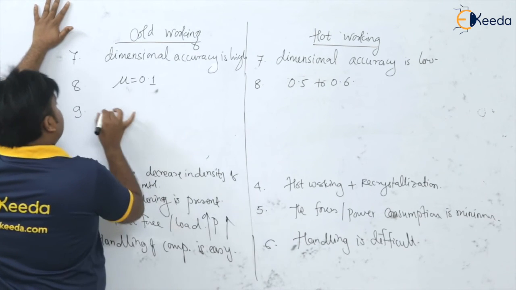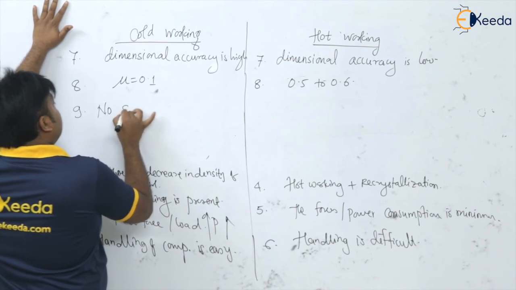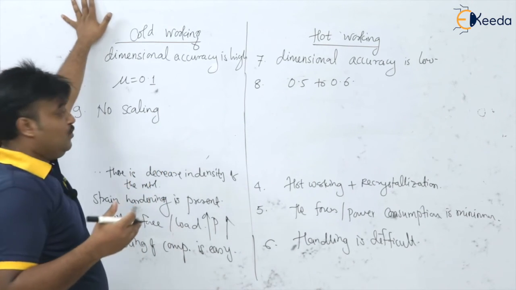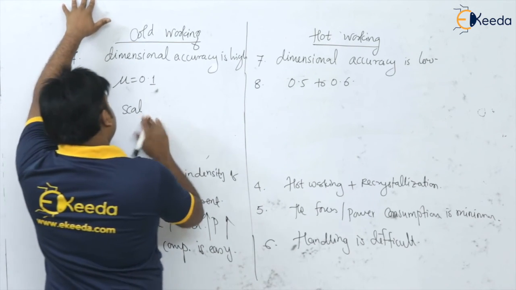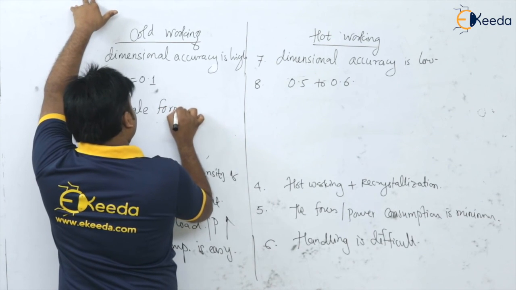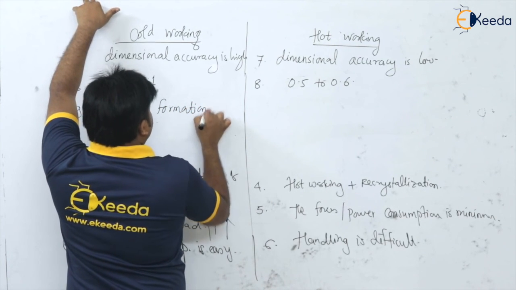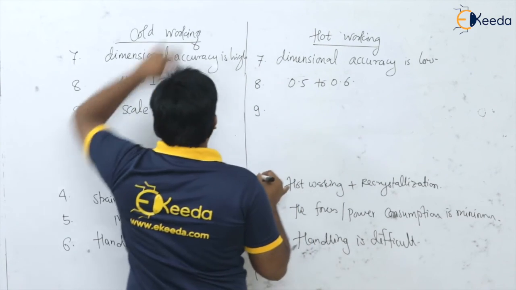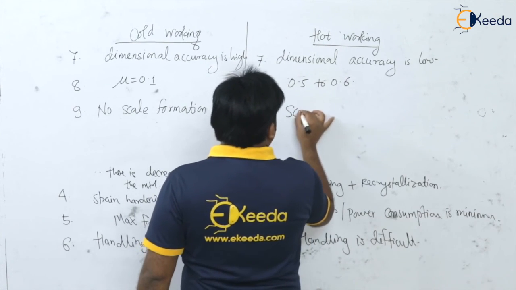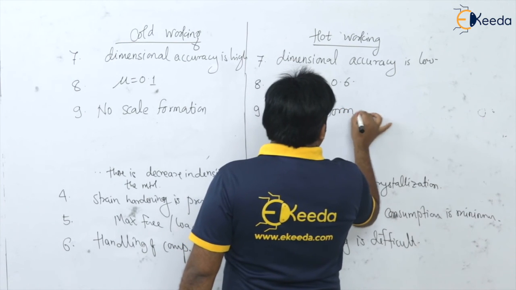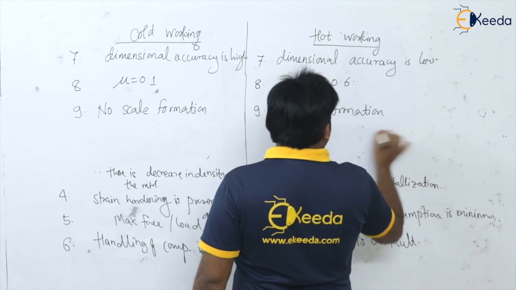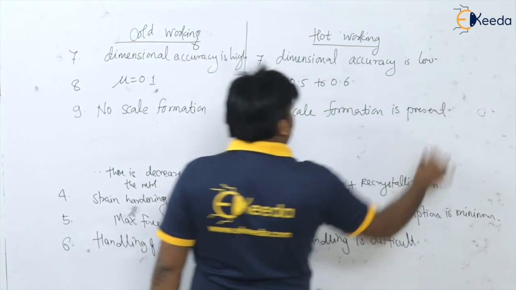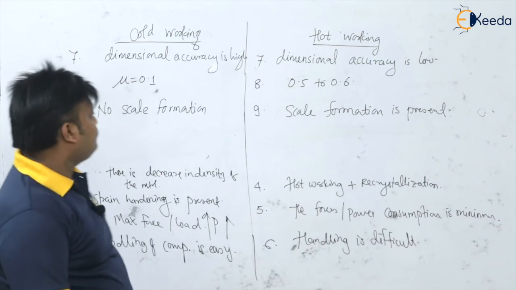In cold working there is no scaling or rusting of the component, no scale formation on the component in case of cold working, but here, yes, at higher temperatures you are working on it, so scale formation is present in case of the hot work components.